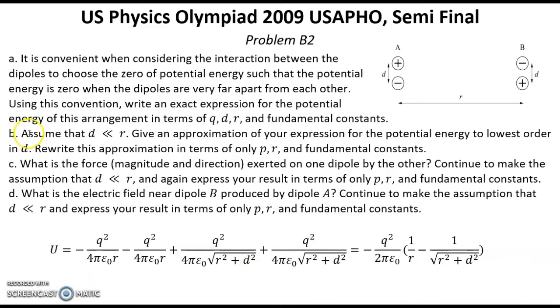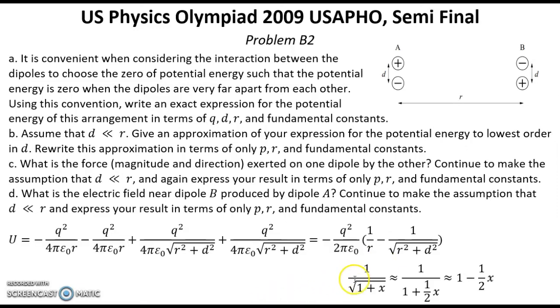For the next question, we have to express formula for small d compared to r. We can use here this approximation for 1 over square root from 1 plus a small variable. That will be this one. When we put it here, we will get result.